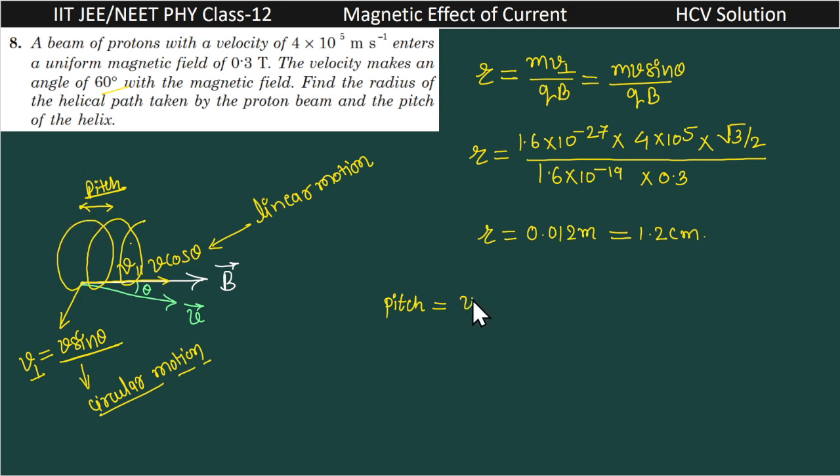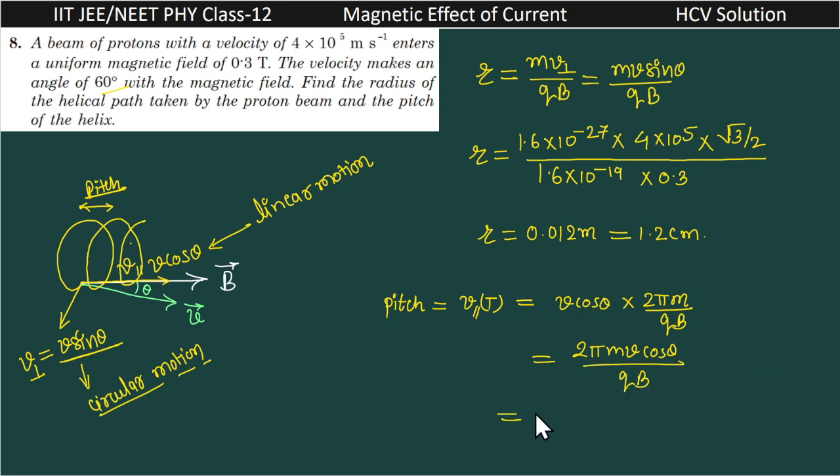So it is v parallel times the time period T. v parallel is v cos theta, and the time period is 2 pi m divided by qB, which is the formula for the time period. So the pitch becomes 2 pi m v cos theta divided by qB.